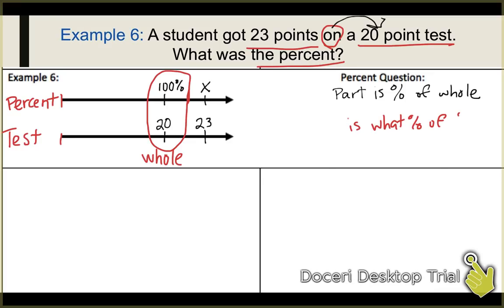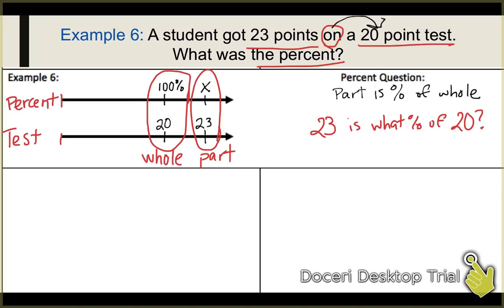So in this case, our whole is 20 points. Okay? That means that the 23 is our part. So we have 23 is what percent of 20? So let's use our percent proportion for that.